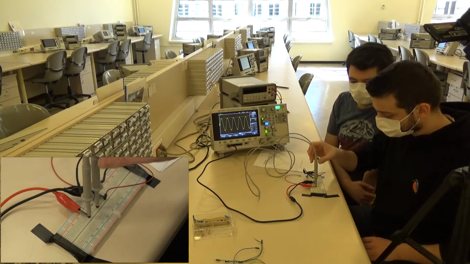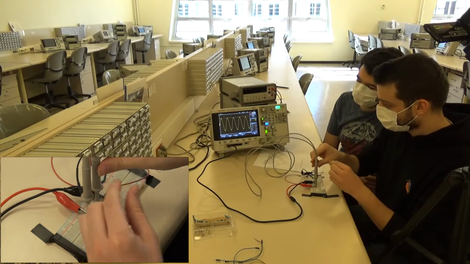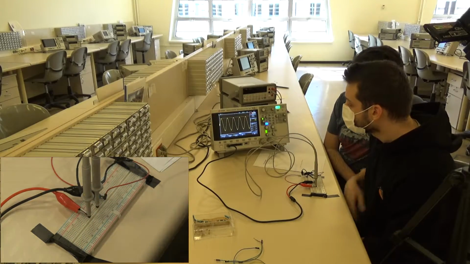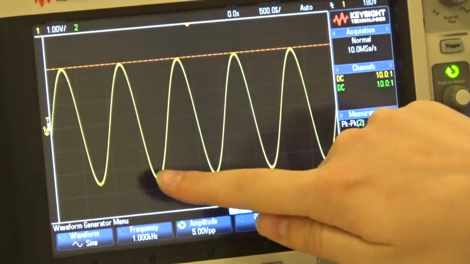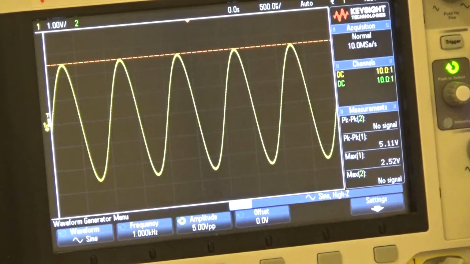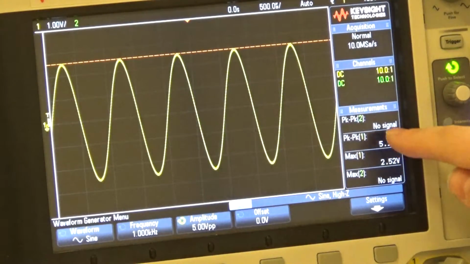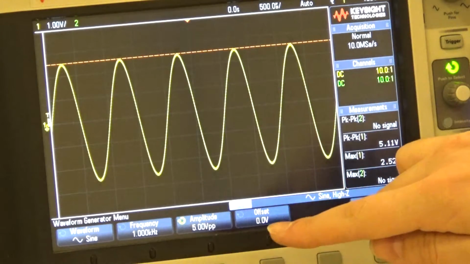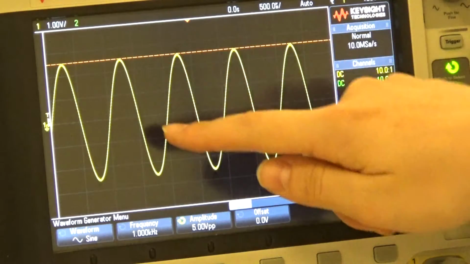First of all, do you see 5 volts peak to peak at the input? Yes, let's see. Our division is 1 volt, and you can look at the divisions. I've clicked these measurements beforehand, and we are seeing 5.11 volts peak to peak. I set it to 5 volts, but there can be small errors, and a maximum of 2.52 volts is its peak.